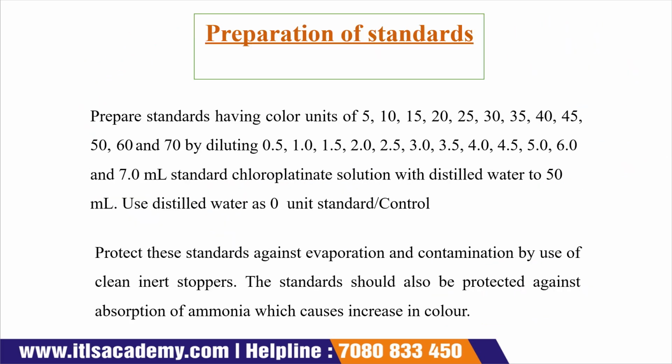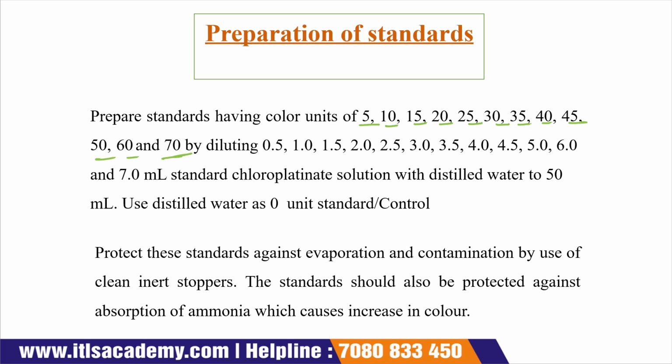Now the next reagent is the preparation of the standards. After that we prepare our standard solutions, in the units of 5, 10, 15, 20, 25, 30, 35, 40, 45, 50, 60 and 70.